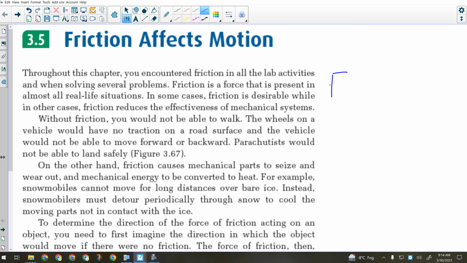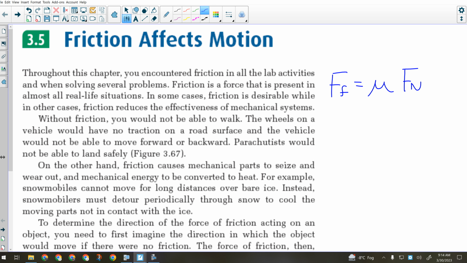So on your formula sheet, you have this formula: force of friction equals mu times the normal force. Mu is the coefficient of friction.